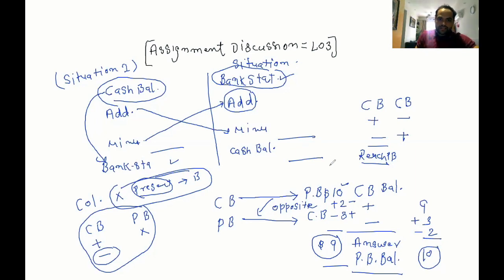So that's the reason, if your question starts with passbook balance, then in order to get the cash balance, you're going to perform exactly opposite transactions in order to reach that balance, which is you plus and you minus, and then you reach the answer, which is the cash book balance.